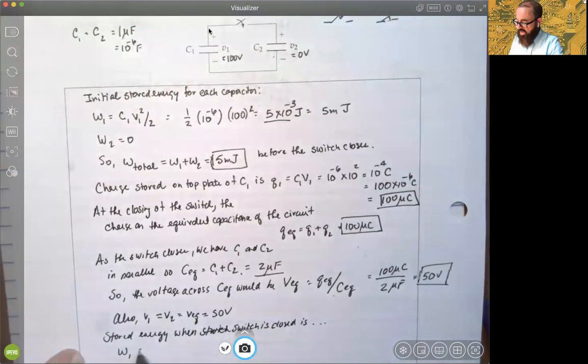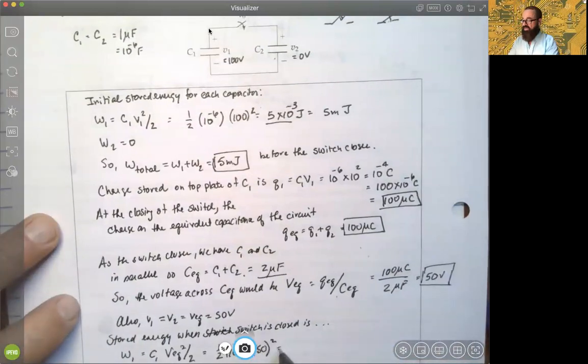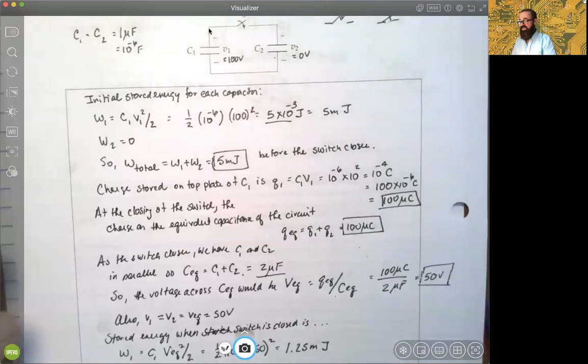But now we're looking at when you close it, we'll have that equivalent voltage squared over 2, right? And for the first one, that's going to be 1/2 times 10 to the minus 6 times 50 squared. So the voltage drops to 50, right? And ultimately what's going to happen is you're going to get 1.25 millijoules. Okay, I'm just saving a little computation time there, okay?